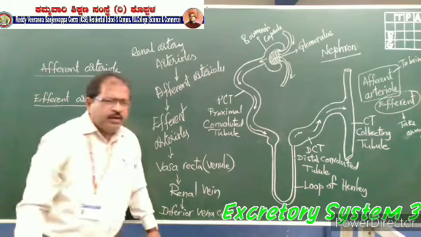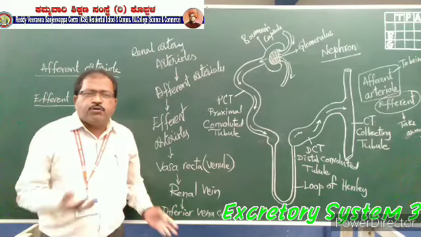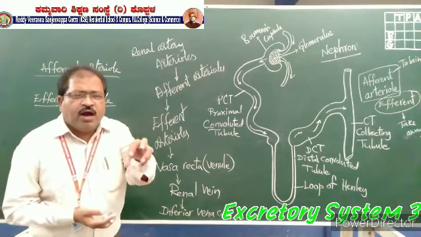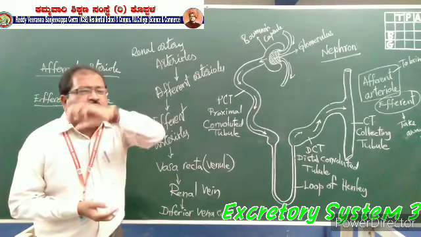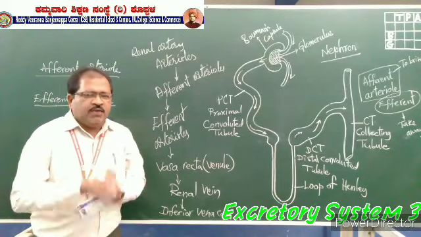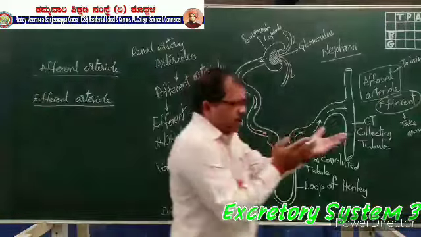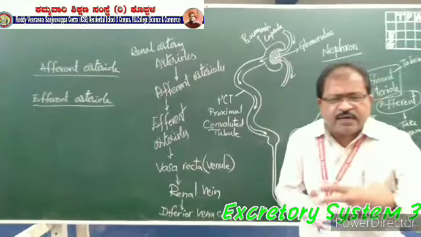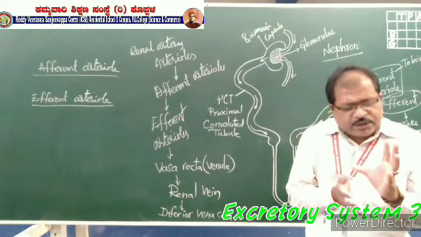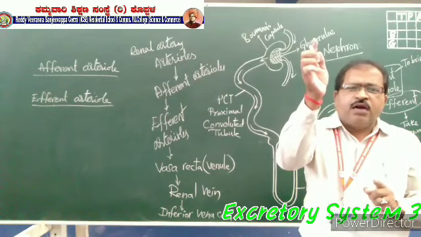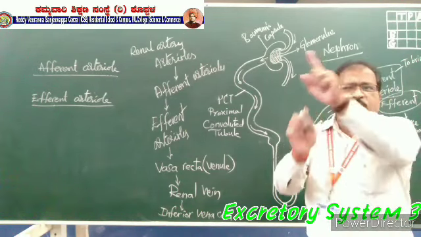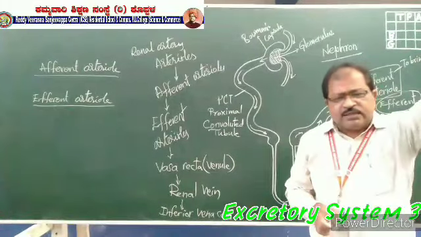This renal vein pours the blood into the inferior vena cava, and this inferior vena cava opens into the right auricle of the heart, and from that the blood moves towards the right ventricle. When the right ventricle contracts, the blood enters the pulmonary artery, and the pulmonary artery takes the blood to the lungs.